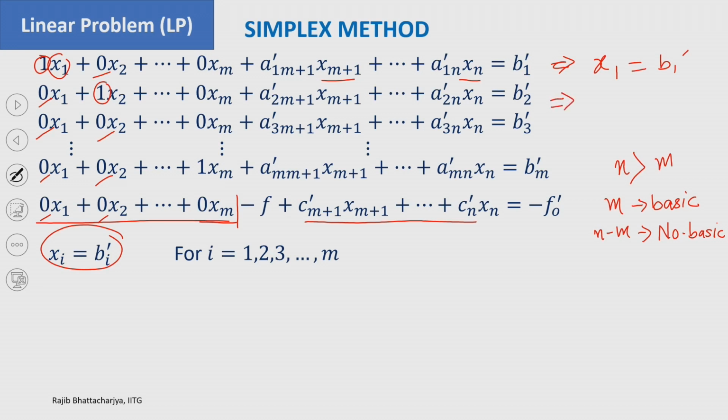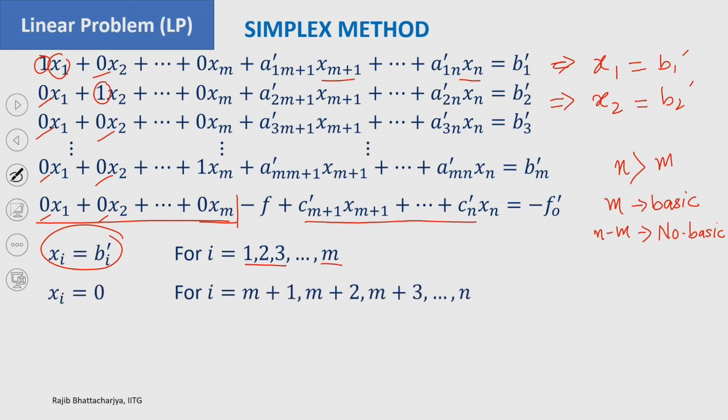Similarly, from the second equation I will get x2 equal to b2 dash. So, what I am getting here is xi equal to bi dash for i equal to 1, 2, 3 up to m, where m is the number of equations. For the other non basic variables, from m plus 1 to n, xi equal to 0.